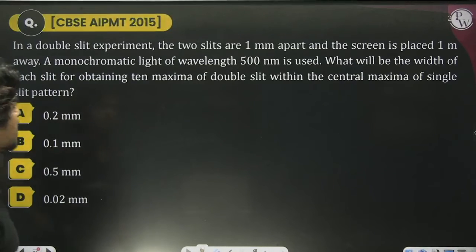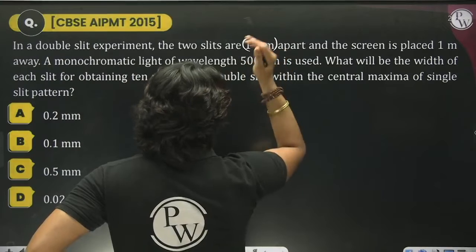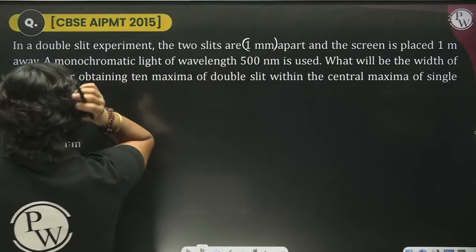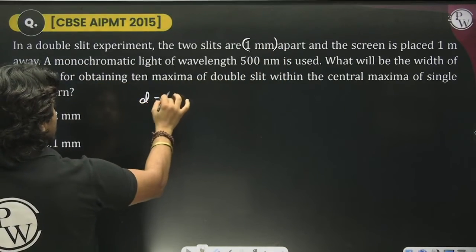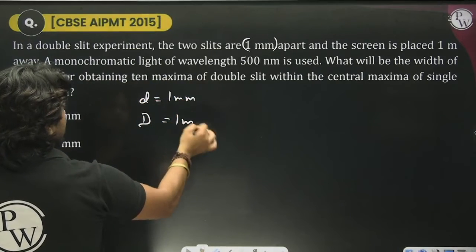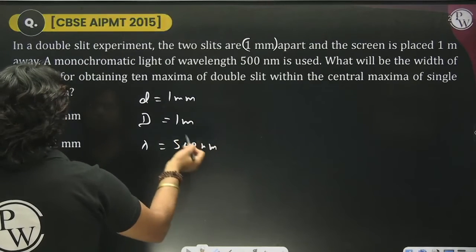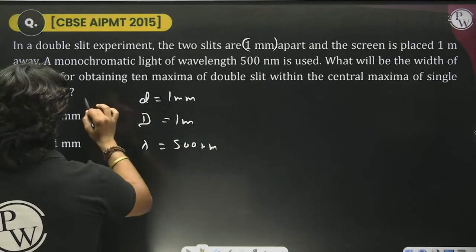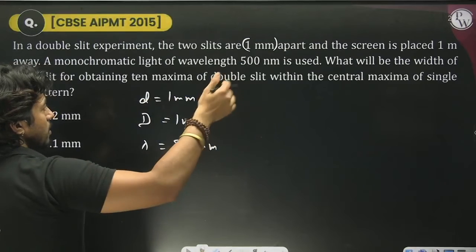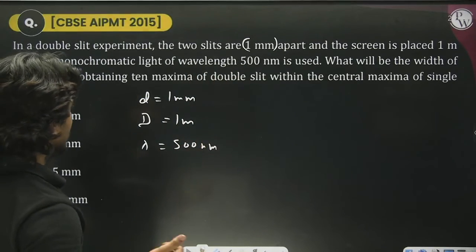What this question says: in a double slit experiment, the slits are 1 mm apart while the screen is placed 1 meter away. Small d is 1 mm, D is 1 meter, lambda is 500 nanometers.